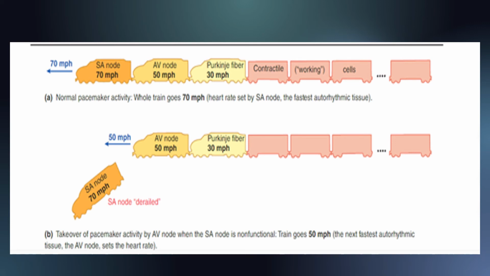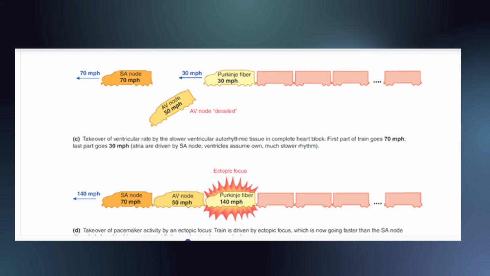Then say we have where the AV node messes up. Say the second car in the train derails. You still have your first one up here and you've got these down here. But since the AV node is derailed, it's blocked, so the first part of the train is going to go 70 miles an hour. The last part of the train is not going to, because the Purkinje fibers are going to pick that up, and they can only do 30 miles an hour.